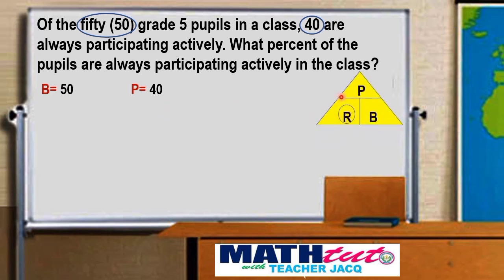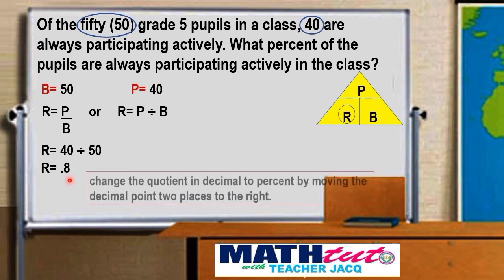So, kapag nawawala si rate, ang ating formula ay P over B or R is equals to P divided by B. Now, let us substitute. R is equals to, ang ating P ay 40 divided by B or base, which is 50. So, 40 divided by 50 is equals to 0.8.